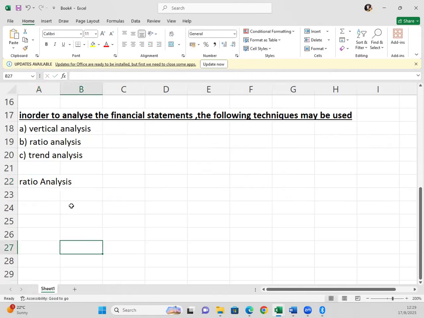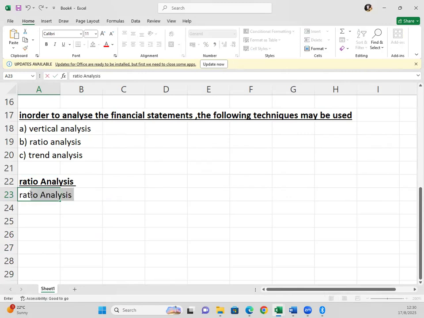We have the ratio analysis. If we are using the ratio analysis, ratios are used to compare two similar periods or companies.